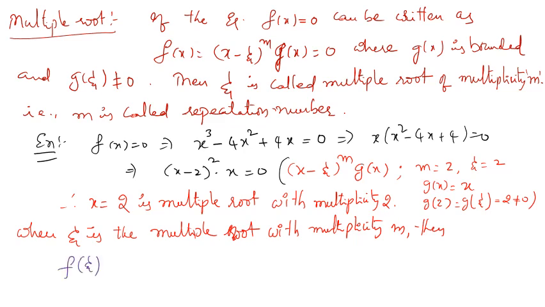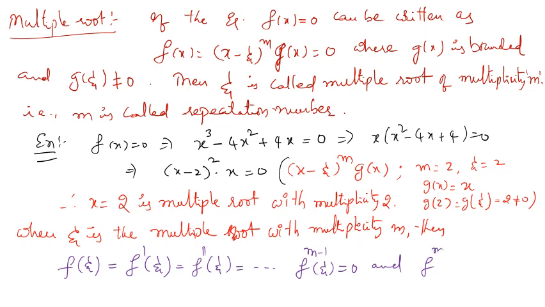Xi is the root, so f of xi is 0, and since it is m times repeated root, f dash xi, f double dash xi, and up to m minus 1th derivative at xi, all are equal to 0, and f mth derivative xi not equal to 0. See, for example, in this example, what is f of x? x cube minus 4x square plus 4x equal to 0.